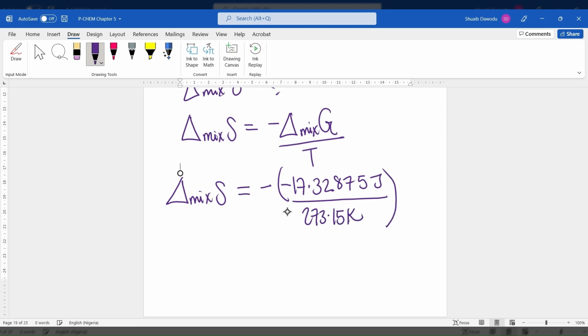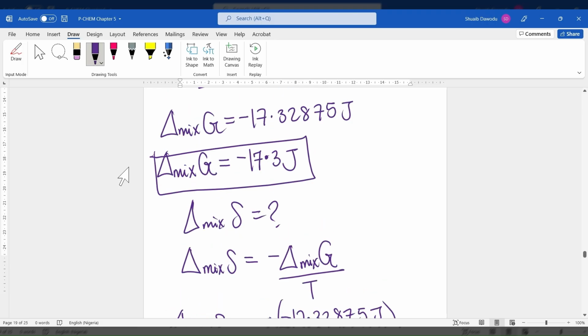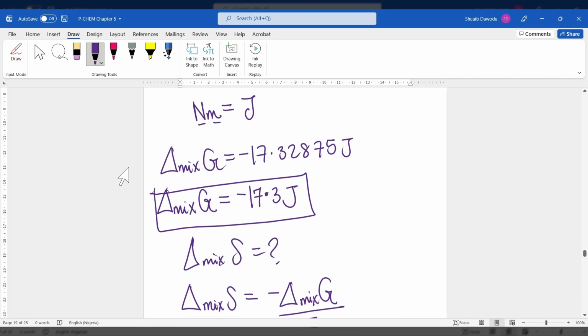So that is basically what's going on here. The change in entropy of mixing is going to be negative of negative, which is positive, 17.32875 divided by 273.15, which is going to be 0.06344 joules. And of course, our question is requesting us to put our work in the proper number of significant figures.